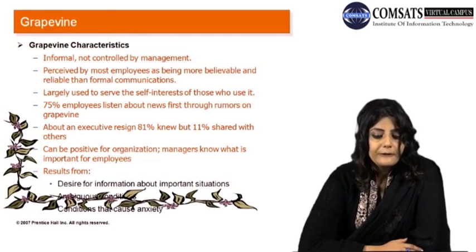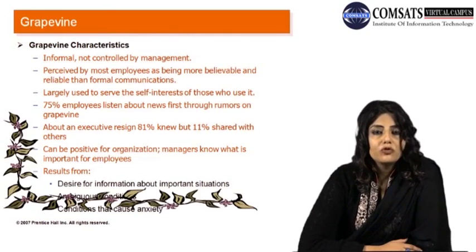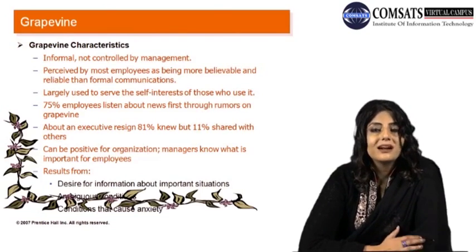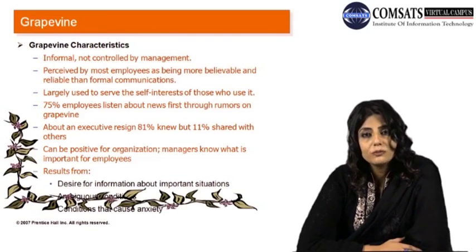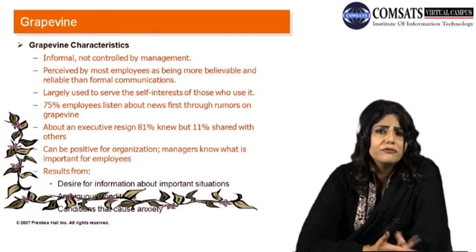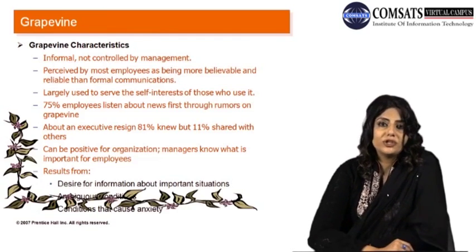So then we see what the grapevine is. Grapevine is when the different members of the group or the different employees start informally talking about the various organizational decisions or various organizational policies, or different issues that might be going on in the organization.